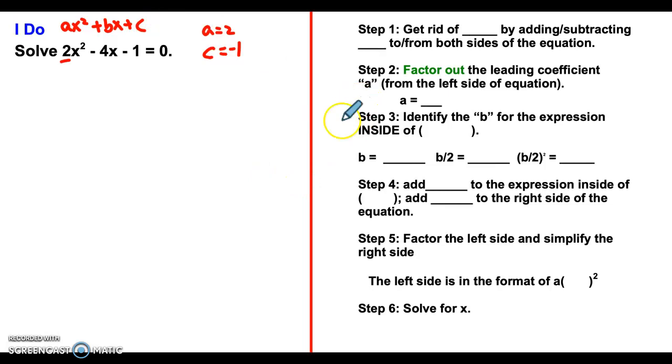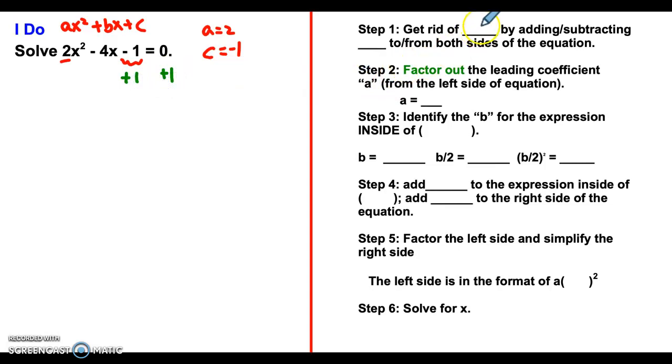Now my first step, remember, I want to look at this number c. Is it useful? Well, it's not. Remember, to complete the square we want a number that we can use to complete a square. In this case it's not helpful, so I need to get rid of -1 by adding 1 to both sides.